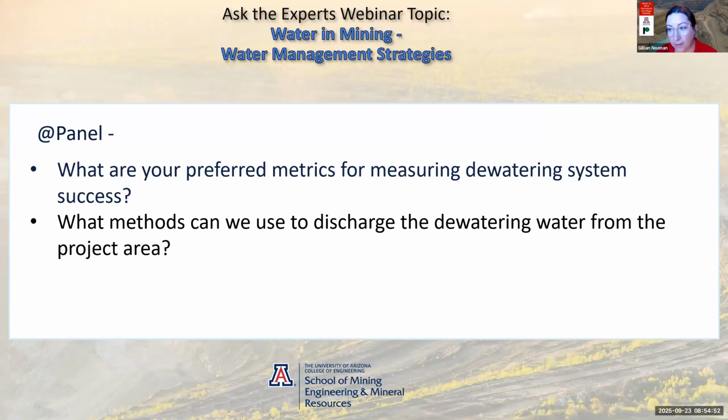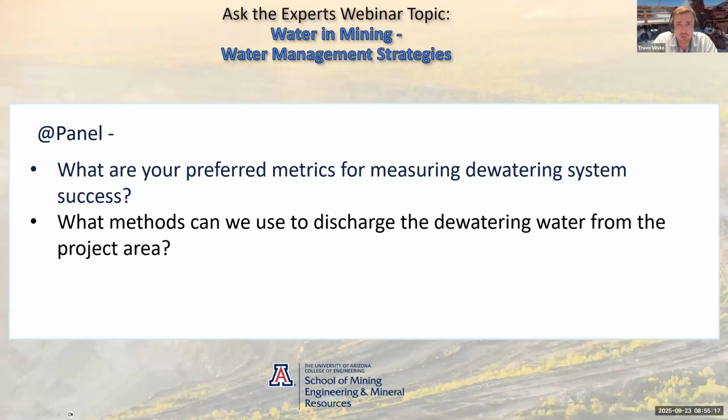We have about 6 minutes left in our webinar, so I'll read it out and then I'll have you start, Travis. This question came in anonymously asking, what are your preferred metrics for measuring dewatering system success? And then our pre-submitted question in the same realm is, what methods can we use to discharge the dewatering water from the project area? So Travis, I will invite you to hit on those questions.